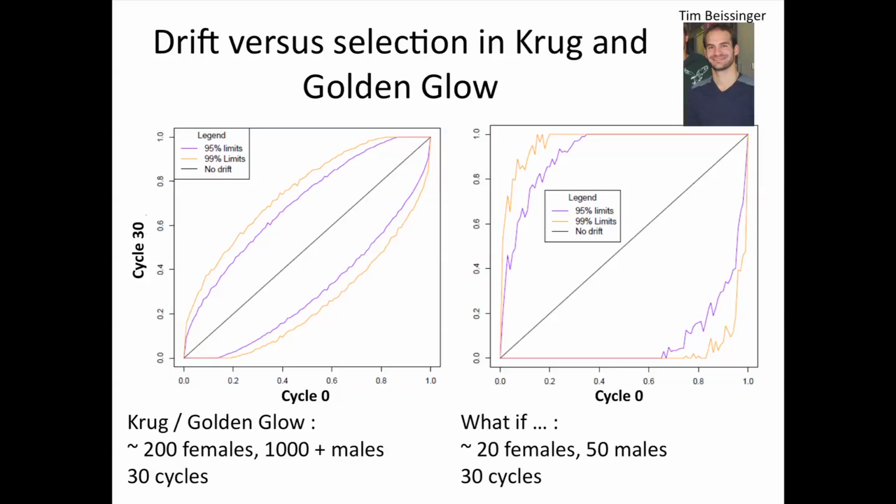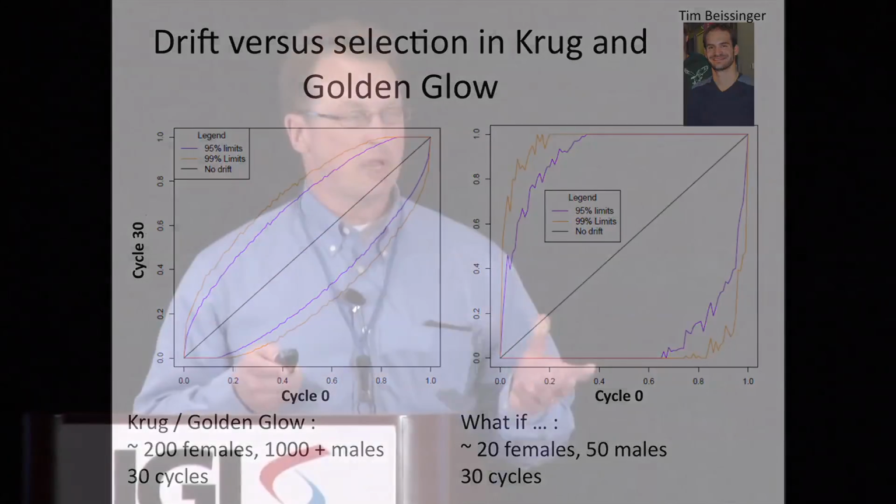If you have the same frequency in cycle 0 and cycle 30, you're going to be on the line. And to have a significant deviation from what you'd expect by drift, just now this is on a single locus basis, not corrected for multiple testing, you'd have to exceed these threshold markers here. There's a 95 and 99% threshold.